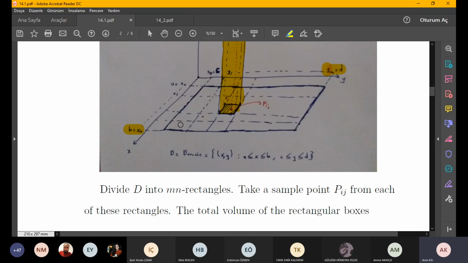And that means you divide the rectangle D into m times n rectangles.